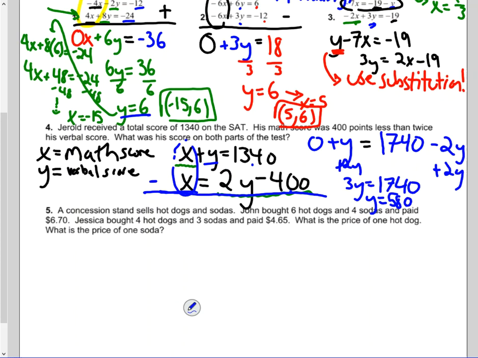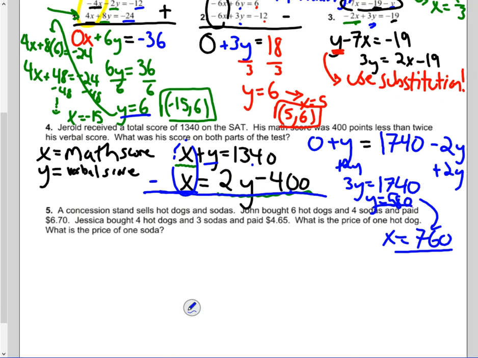And that will give us an x value of, when we plug it back into the first equation, x plus 580 equals 1340, 760. So what was his score on both parts of the test? 760 was his score on the math, and 580 was his score on the verbal.